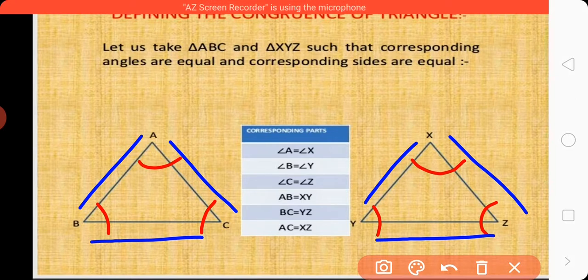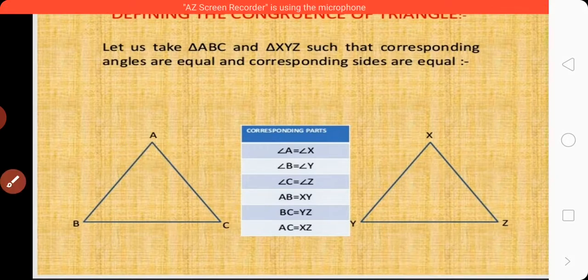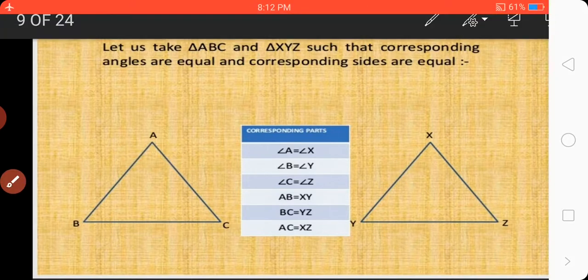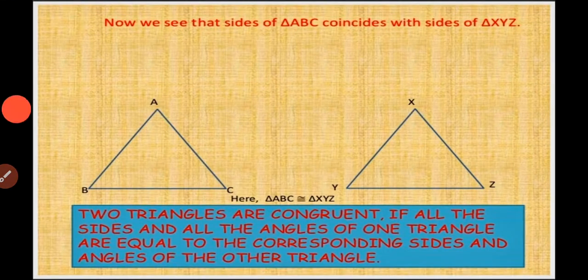Clear? All the sides and all the angles are equal. Then we can say that these two triangles are congruent. Two triangles are congruent if all the sides and all the angles of one triangle are equal to the corresponding sides and angles of the other triangle. Clear?